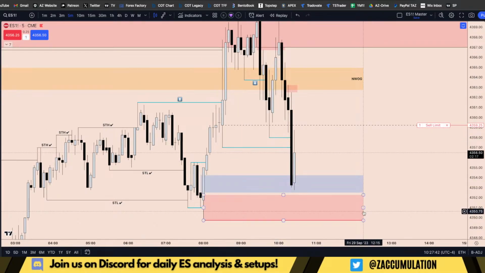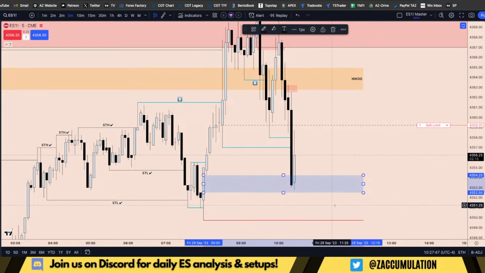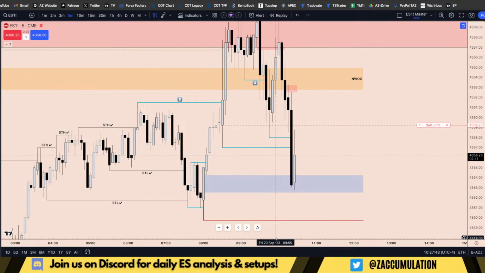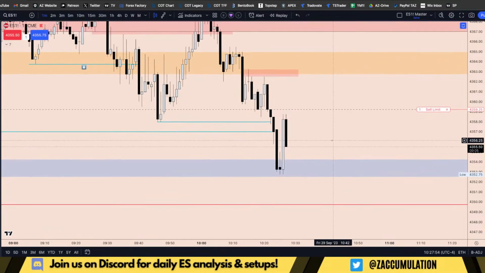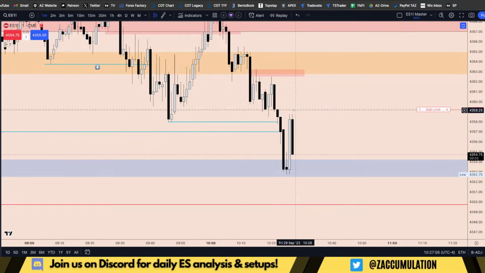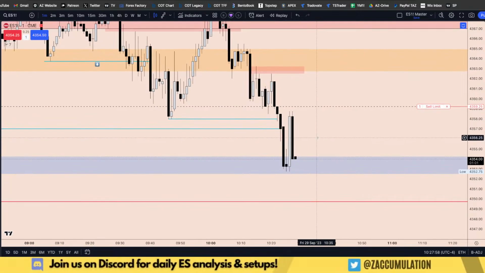But I don't think this was a very deep retracement to fill the lowest discount. I think we actually want to target this low. And the 1 minute's lining up with that. It just didn't hit my entry at the 8:30.